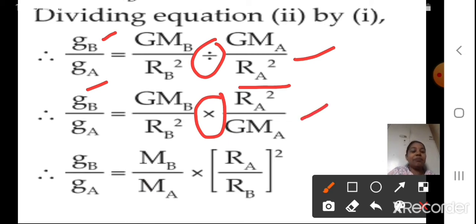Now this G and this G I can cancel out. I can write MB upon MA, the M terms I took together, multiplied by RA upon RB the whole square. I hope you understood till here.